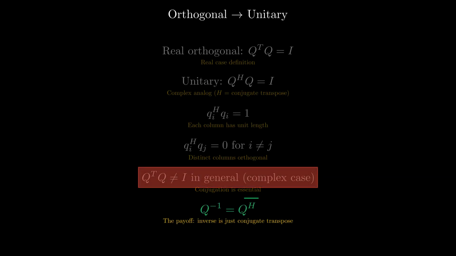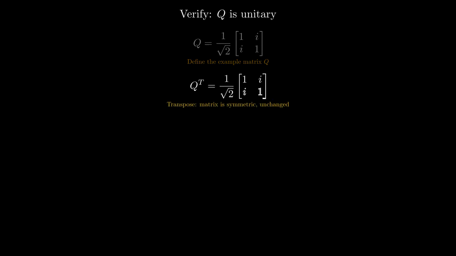The payoff is beautiful. Q inverse equals Q Hermitian. Inverting a unitary matrix is as cheap as taking its conjugate transpose. No Gaussian elimination needed. Let's verify with an example. Let Q equal 1 over square root of 2 times the matrix with rows (1, i) and (i, 1). We want to compute Q Hermitian.